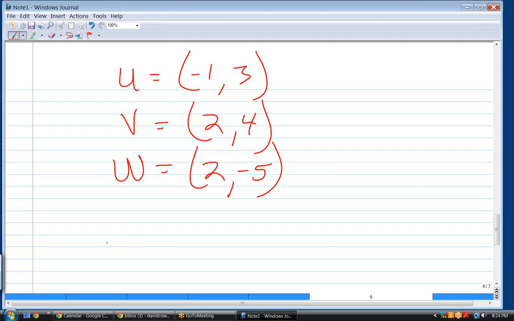And this first one there is U plus V. That's very straightforward. Just add the individual components. So U plus V would be 1, 7.